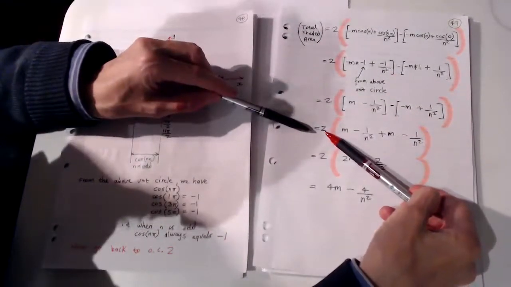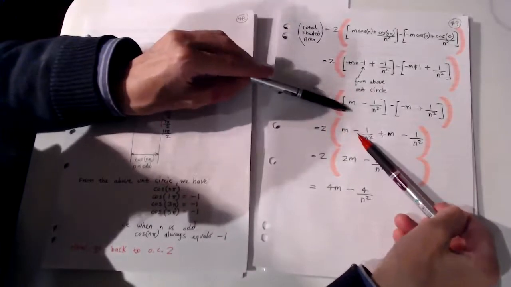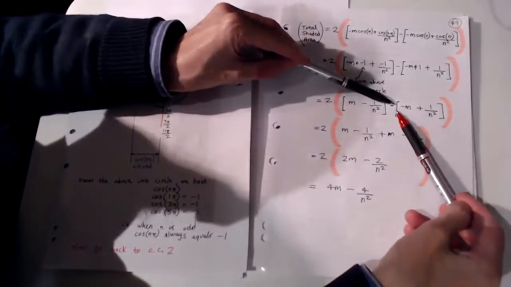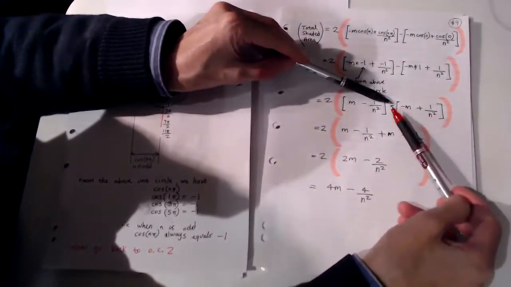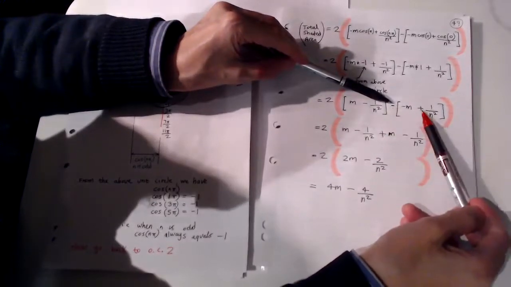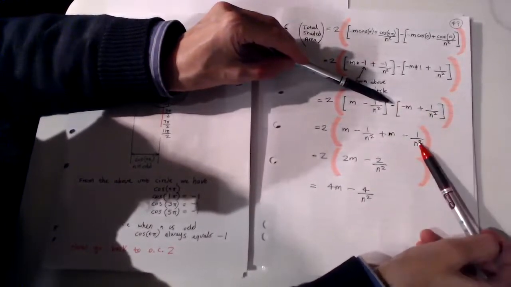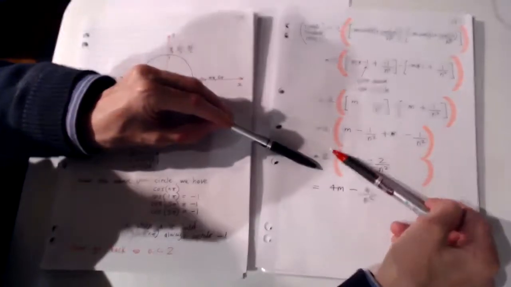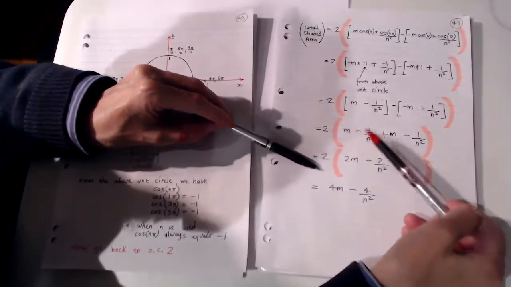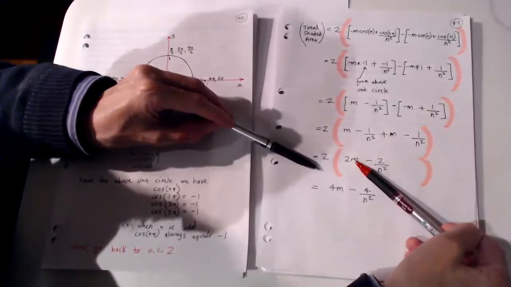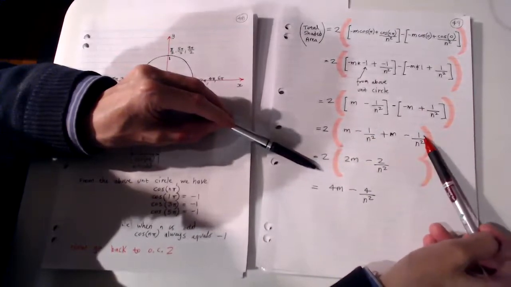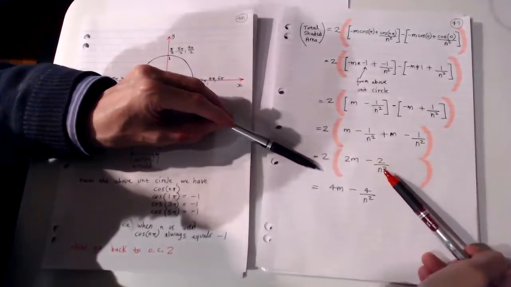Then it's 2 times m minus 1 on n squared, minus everything inside these brackets here. Negative times negative m is positive m. Negative times positive is -1 on n squared. Equals 2 times, collecting like terms, m plus m is 2m, and negative 1 on n squared minus 1 on n squared is negative 2 on n squared.